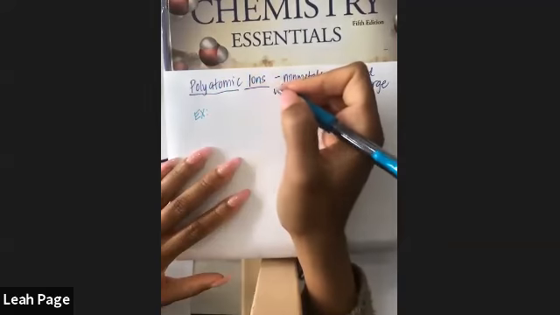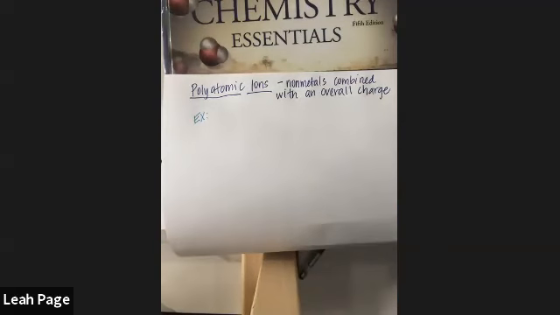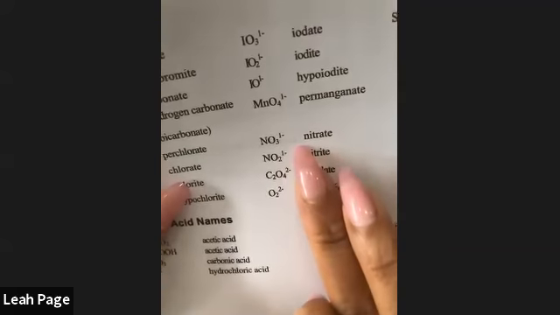So for example, a polyatomic ion that we're going to use a lot in this class is a nitrate ion. It's on that sheet that I just had in front of you. The nitrate ion, which is down here at the bottom.